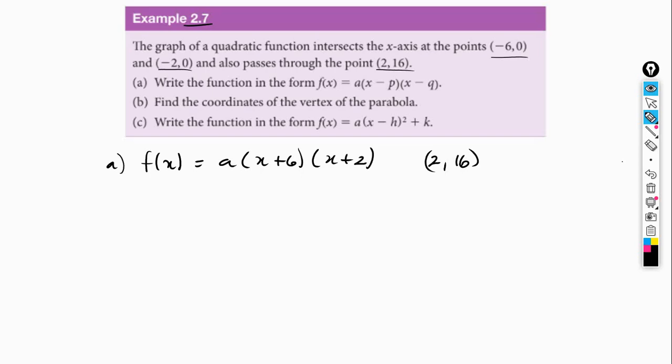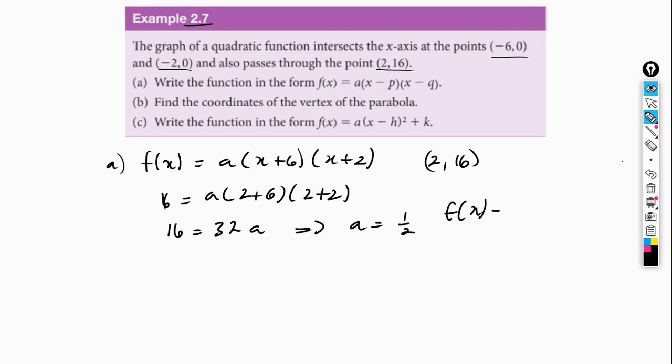So we would say 16 is equal to a times (2 plus 6) times (2 plus 2). And then we're going to get that 16 is equal to 32a. Therefore, a is 1/2. And then we have that f of x will equal 1/2 times (x plus 6) times (x plus 2).